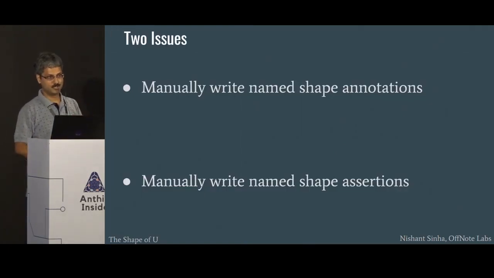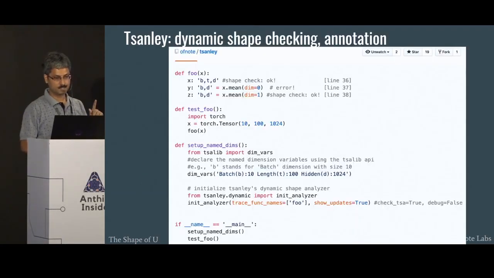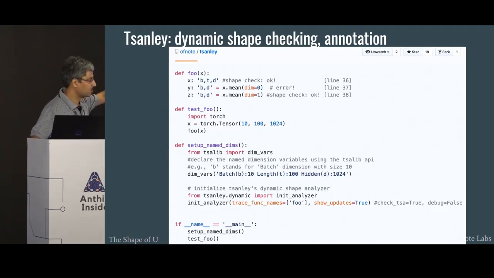Okay, so the picture is not complete yet. There are still two issues. You still have to write these annotations manually, and you still have to write the named assertions explicitly. That gives rise to the next tool, which builds upon tsalib, and it's a dynamic shape checking tool. So again, some code.